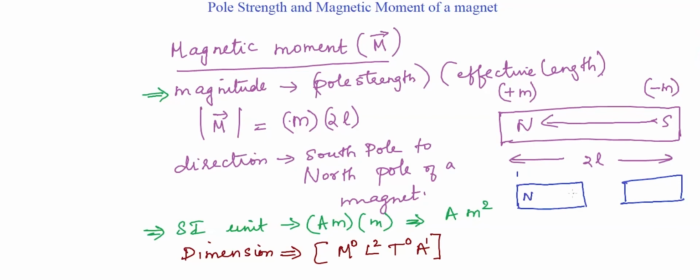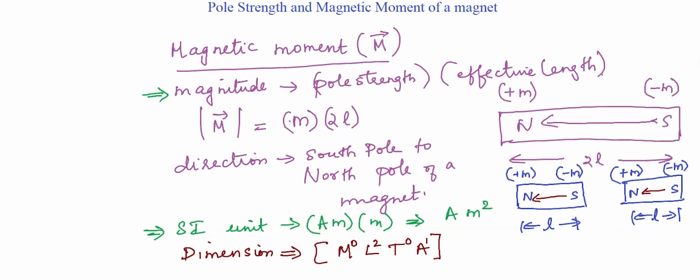Again, another North Pole and South Pole will be created, plus M minus M, since we are not disturbing the cross-sectional area. So the length in turn will become L and L. In these two smaller magnets also, the magnetic moment direction will be oriented from south to north.